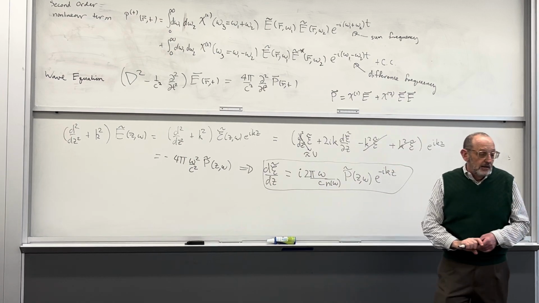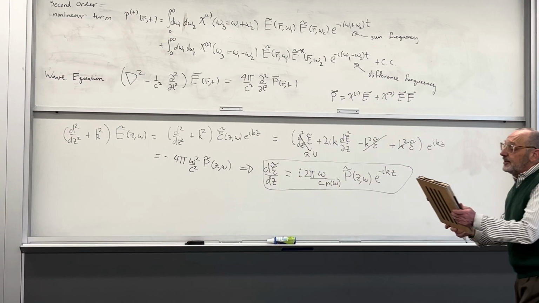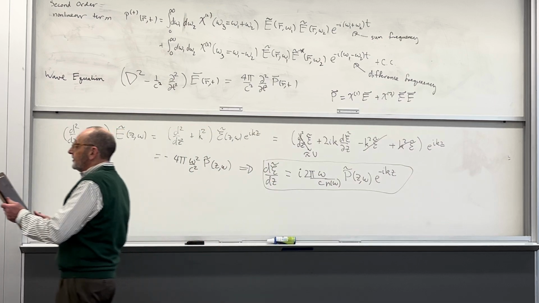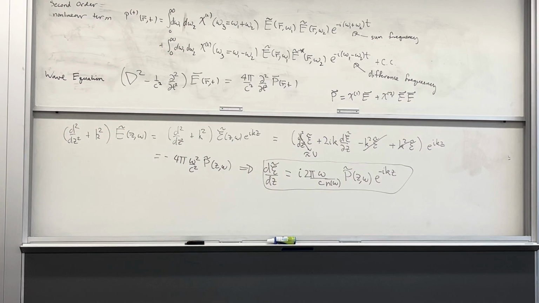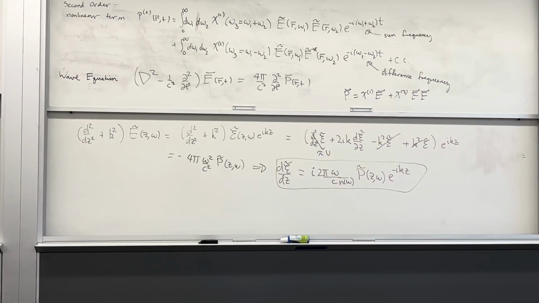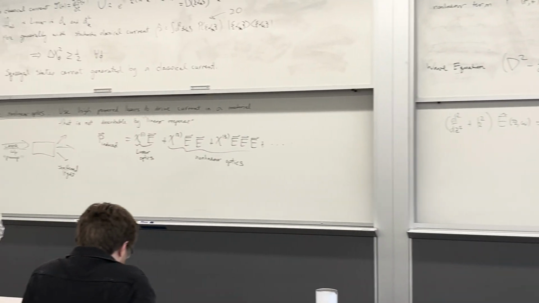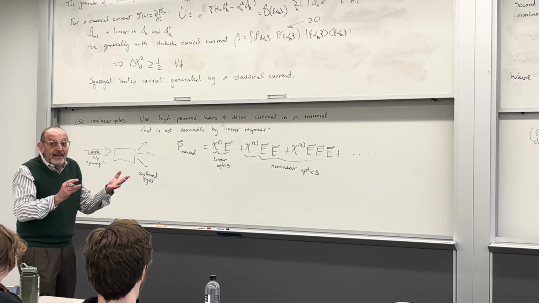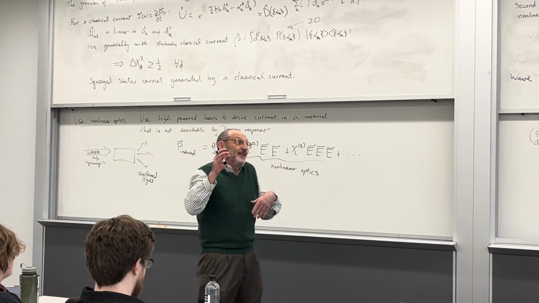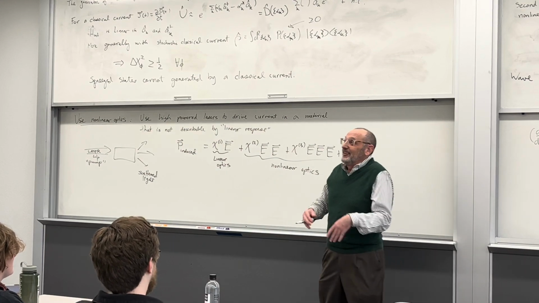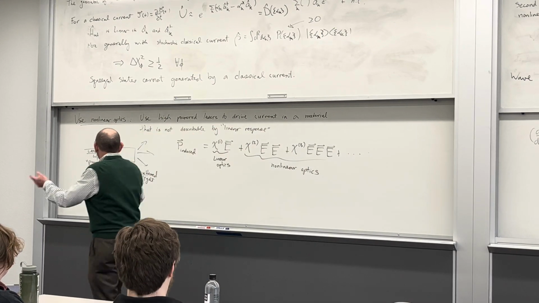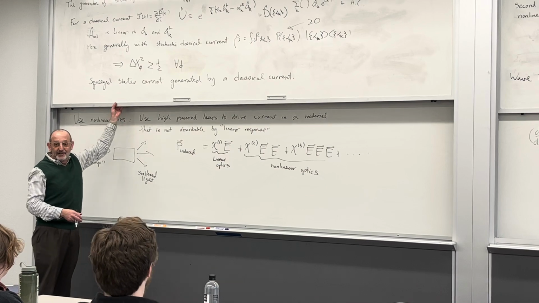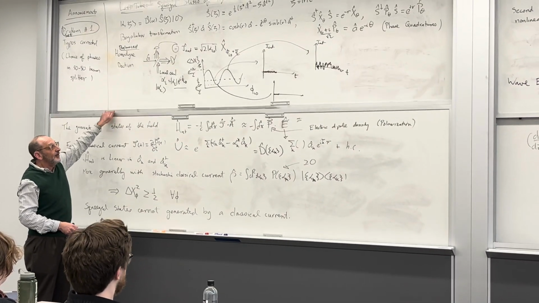Okay? So we can see from these expressions how nonlinear optics can be used to generate different frequencies that didn't exist before. And that's how we get new frequencies in lasers. We use one pump frequency and we generate others through nonlinear optical processes.